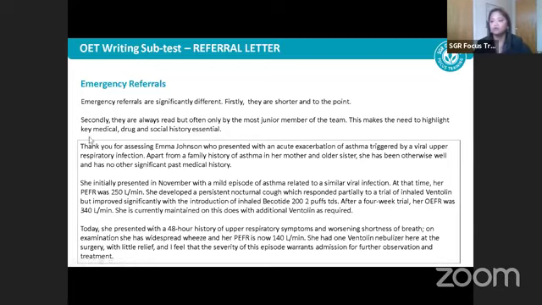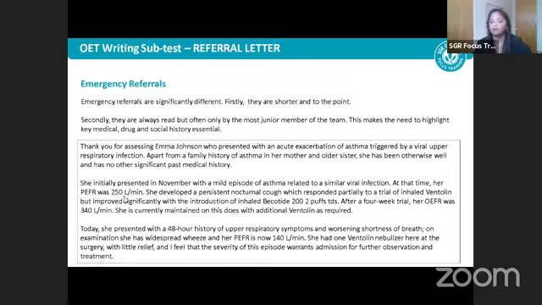Very quick, thank you for assessing. The letter talks about the family history of asthma present in the mother and the older sister, but other than that, the patient is typically healthy. And then a very quick introduction about the episode of asthma. When did it first occur?